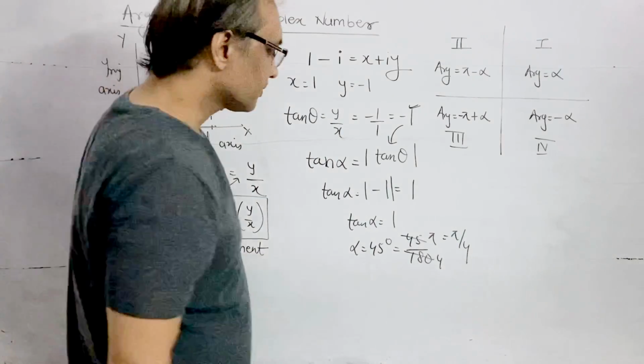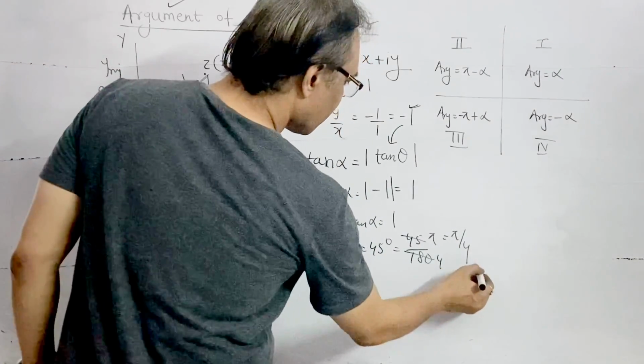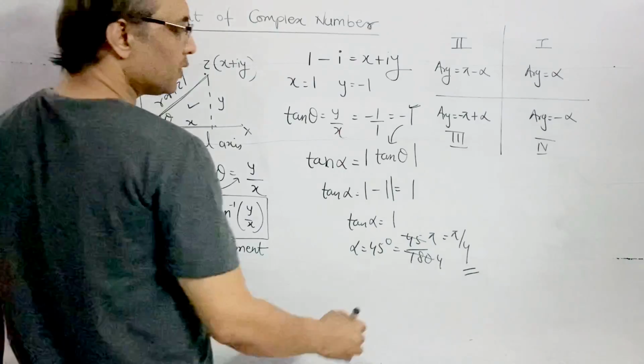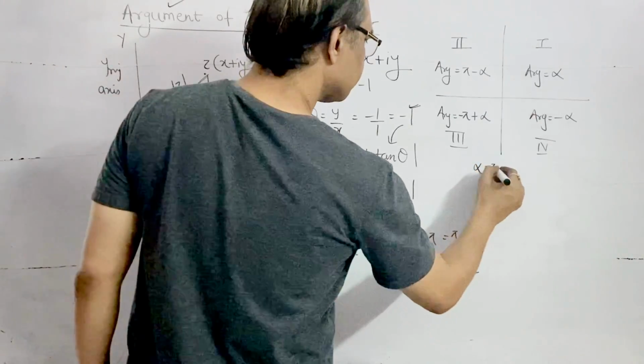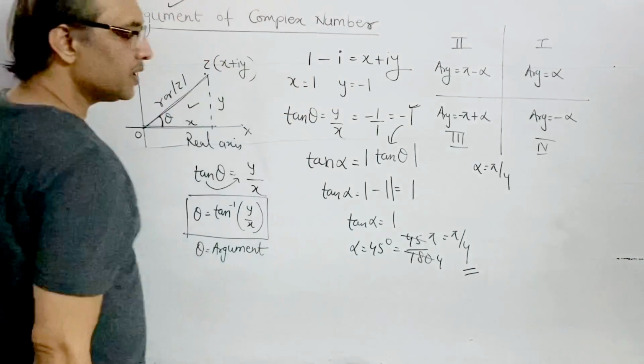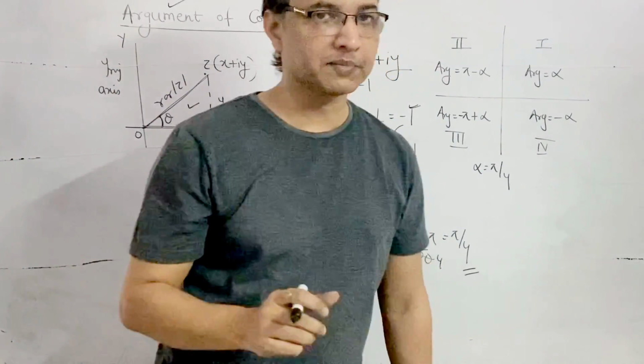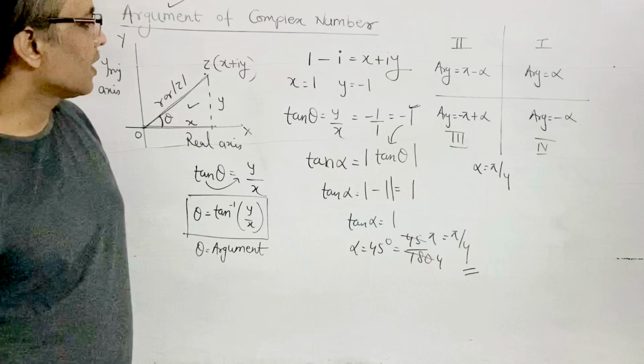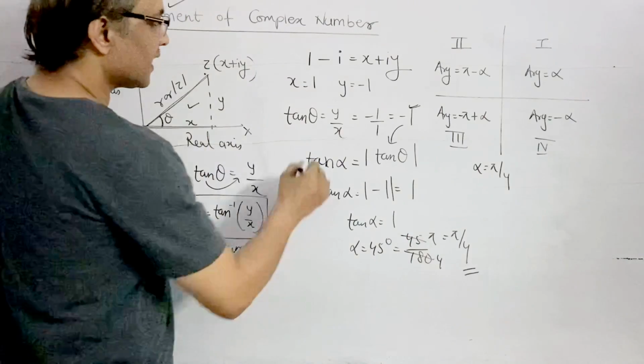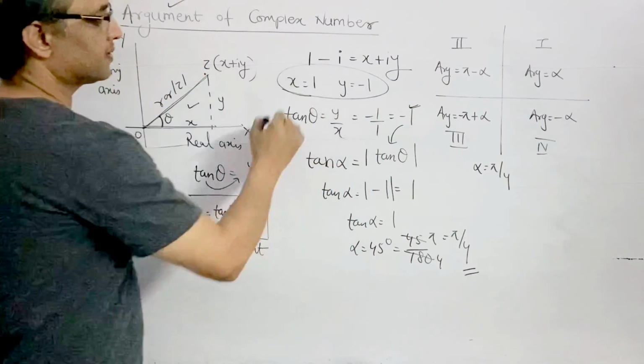Now, the value of alpha which we got was pi by 4. So we know the value of alpha. But we have to decide about the quadrant in which our complex number lies. That is decided by the values of x and y.